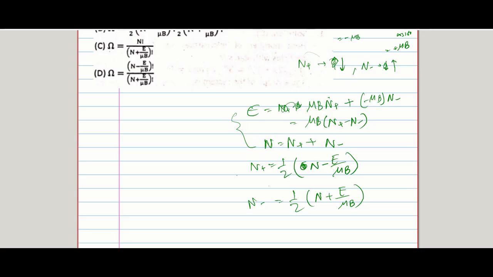You will get this one. So this is plus mu B and this is minus mu B. Each spin can be either in up spin or down spin. It has two possibilities. This also has two possibilities. All of them have two possibilities of energy.